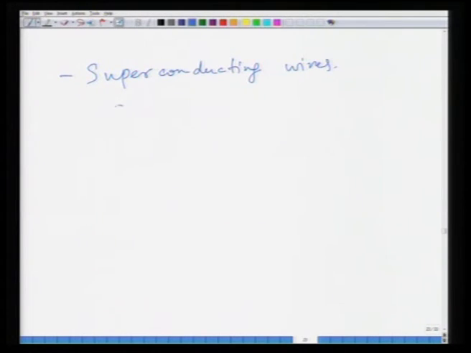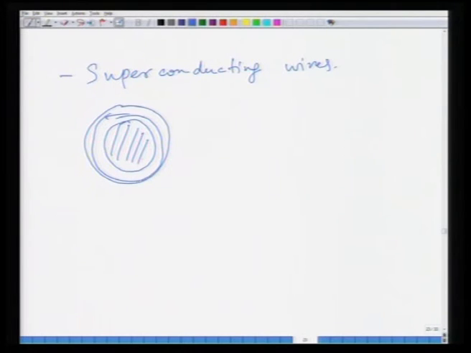And these are essentially composites. So what you have is a metal sheath in which you flow a superconducting wire. So you have a metal, the superconductor, and between them of course you have liquid nitrogen flowing, and this can give rise to a composite wire.